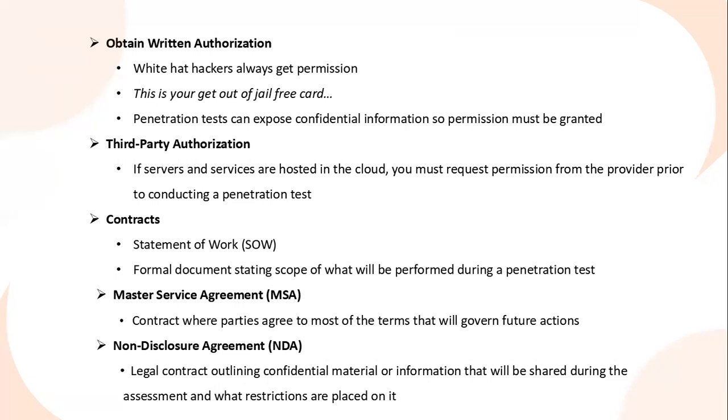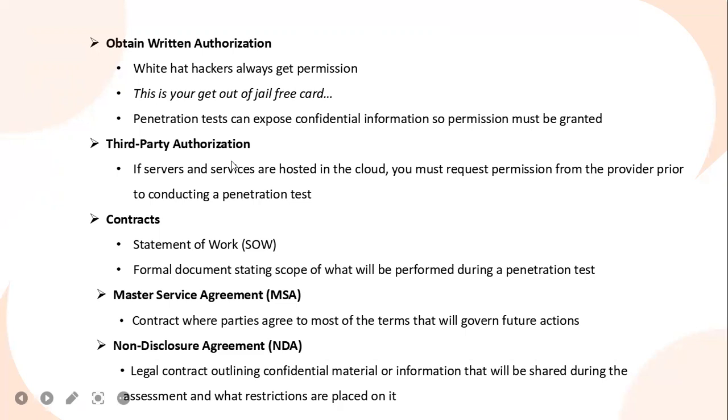If you check each of these sites, whether it's Amazon, Google, or Microsoft, they will tell you the kind of services, because they have different services for storage, for computing, for database, for whatever. So they'll tell you what you can test and what you shouldn't test, and what you need to email for them to open a window to allow you to test. So that's what we'll talk about: third-party authorization.